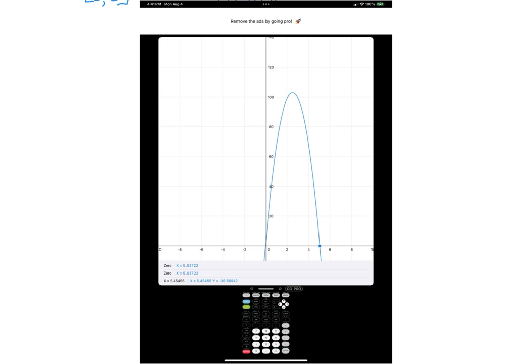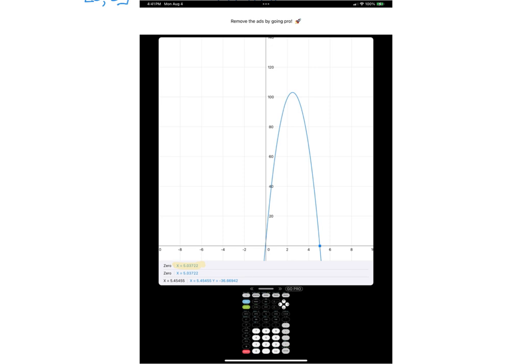All right, so if we graph this on our y equals, and compute the 0, then what we find out is our 0 is 5.80372.